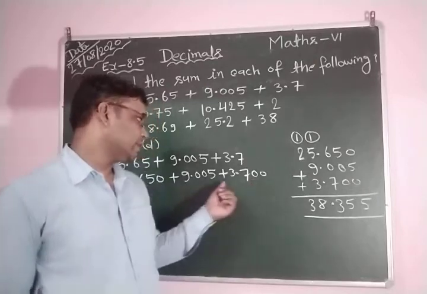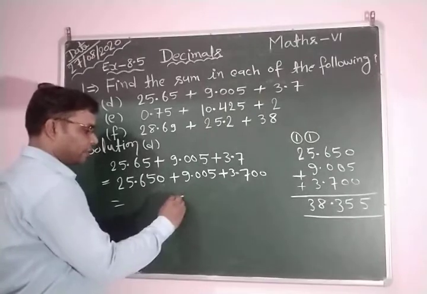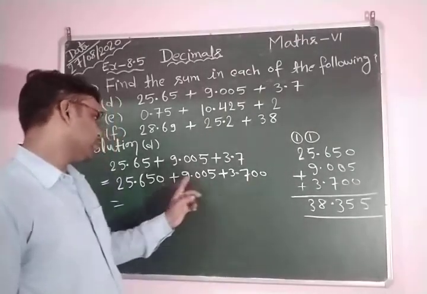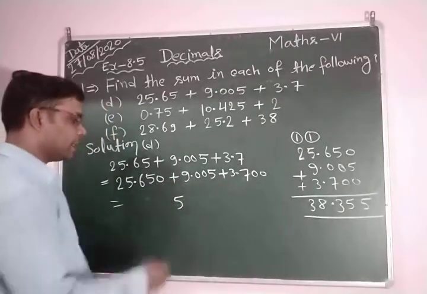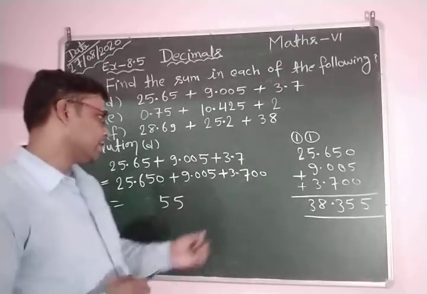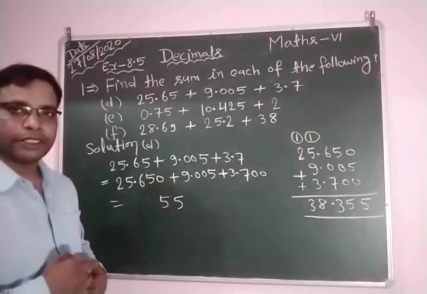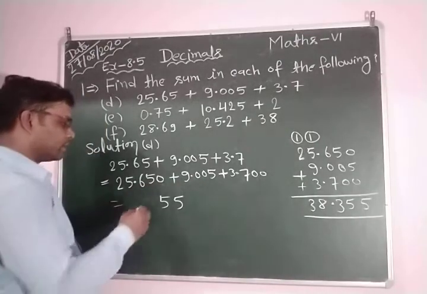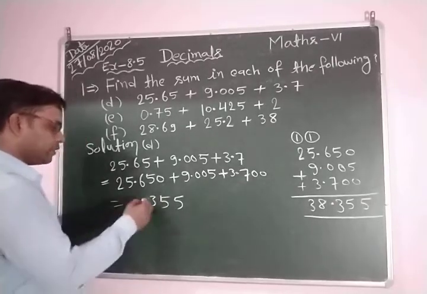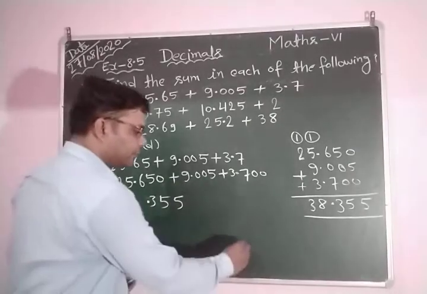So here 0 plus 5 plus 0 is 5. Now the next, hundredths place digit: 0 plus 0 plus 5 is 5. Now the tenths place digit: 7 plus 0 plus 6, 7 plus 6 is 13, so 3 carry 1. Then we write the decimal point, and we have carry 1.